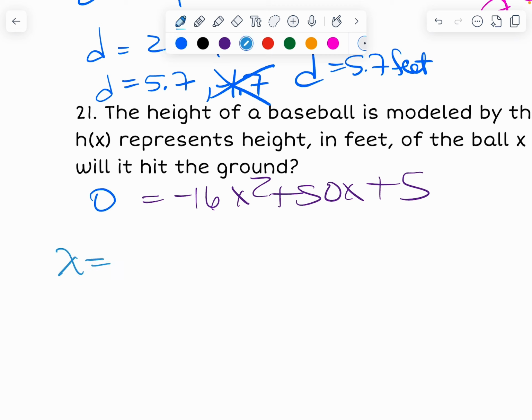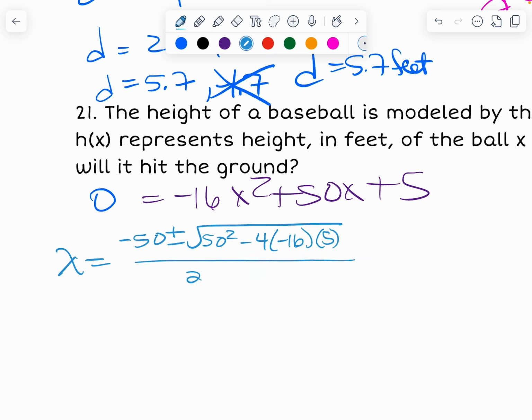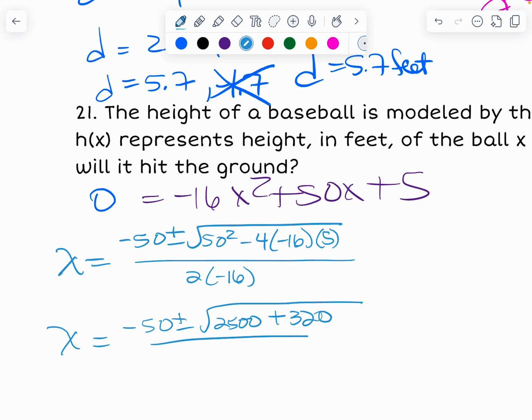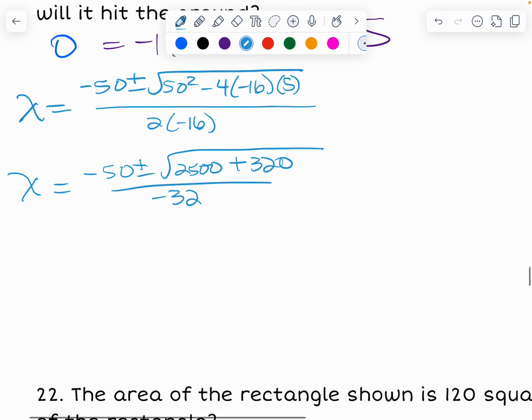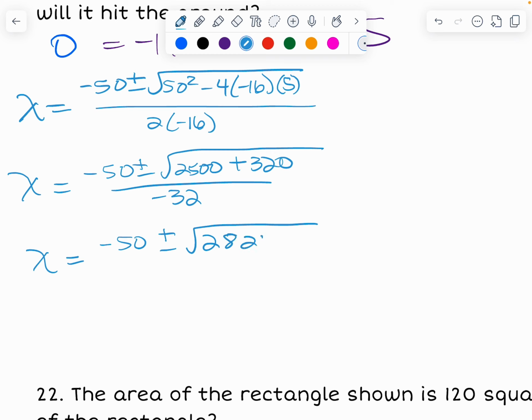X equals negative 50 plus or minus the square root of 50 squared minus 4ac over 2a. So x equals negative 50 plus or minus the square root of 2,500 plus 320 over negative 32. So x equals negative 50 plus or minus the square root of 2,820 over negative 32.